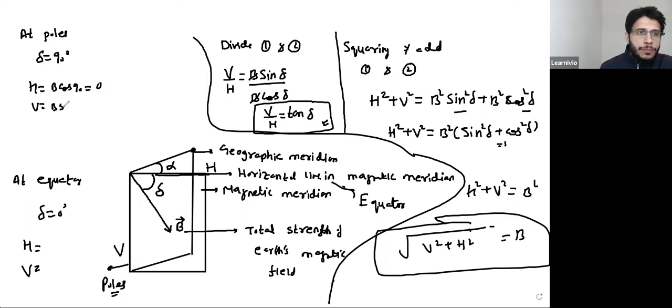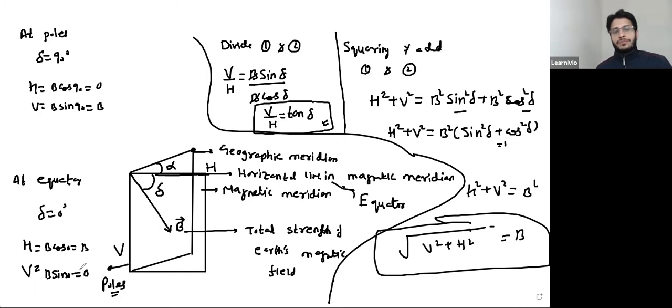Vertical component is B sine 90, which is B. At the equator, horizontal component is B cos 0, which is B. Vertical component is B sine 0, which is 0. So these are the horizontal and vertical components at pole and at equator.